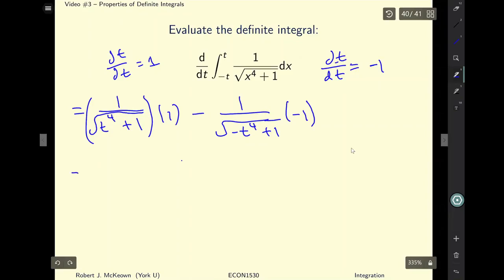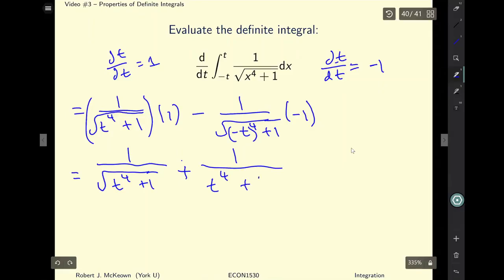Now all I have to do is simplify. And so I've got 1 over the square root of t to the 4 plus 1, minus a minus becomes a plus, 1 over the square root of t to the 4 plus 1, since negative t to the power of 4 is just t to the 4. And so I get 2 divided by the square root of t to the power of 4 plus 1.